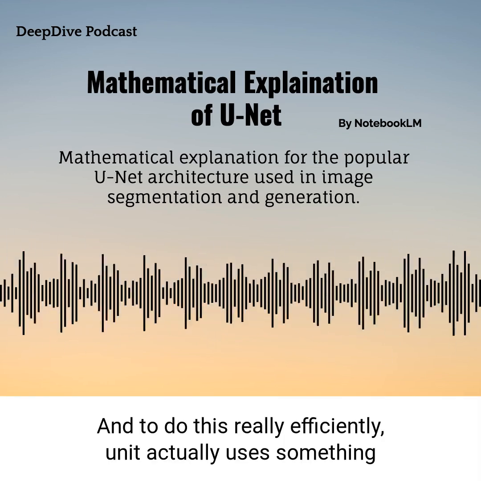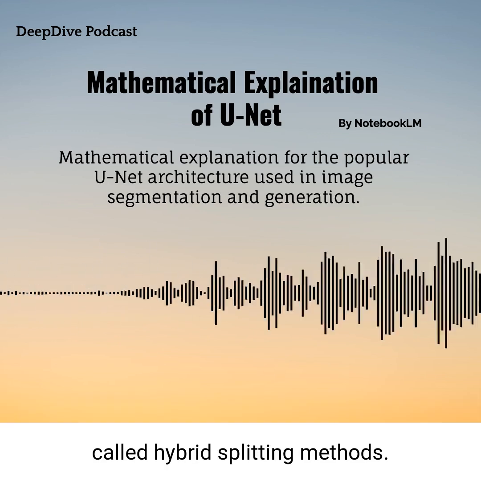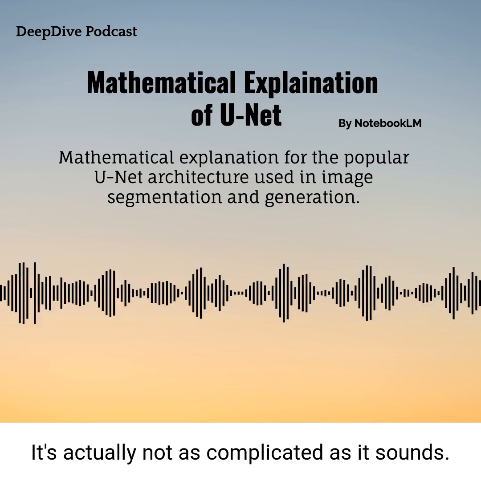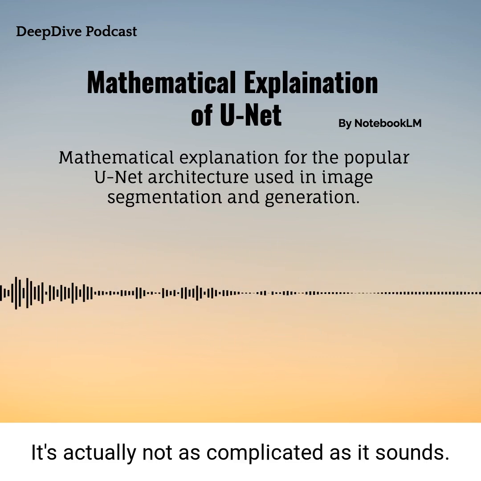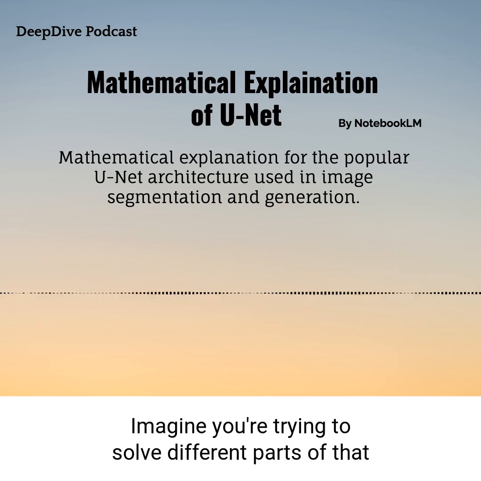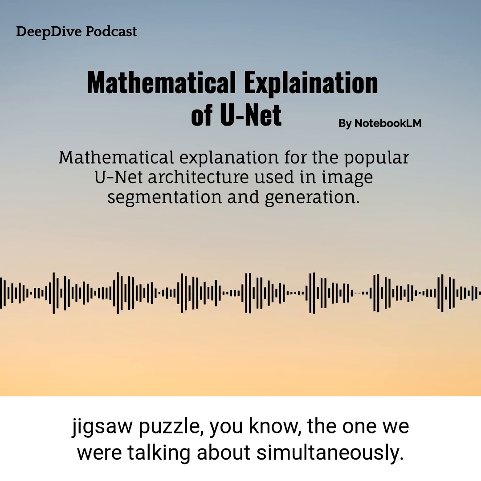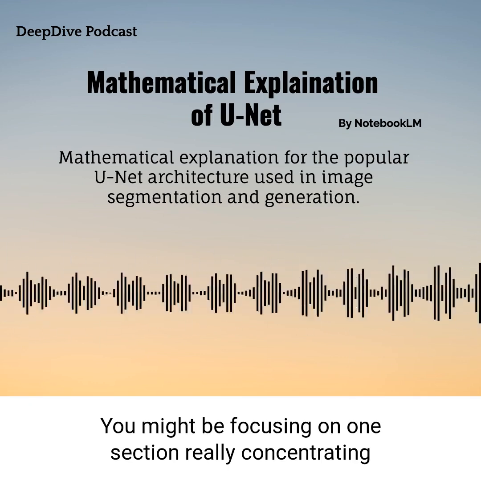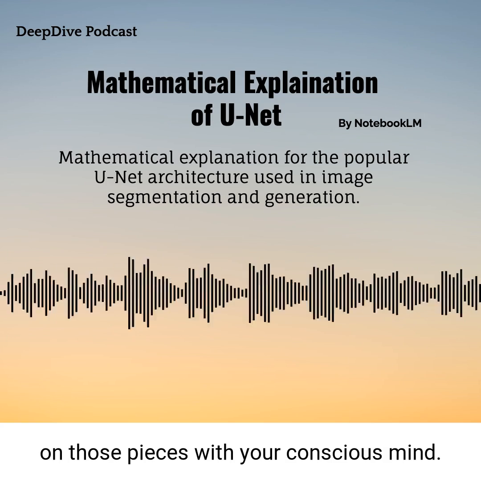Sharply. And to do this really efficiently, UNet actually uses something called hybrid splitting methods. Hybrid splitting. Now, that sounds a little intimidating. It's actually not as complicated as it sounds. Think of it like this. Imagine you're trying to solve different parts of that jigsaw puzzle, the one we were talking about, simultaneously. You might be focusing on one section, really concentrating on those pieces with your conscious mind.